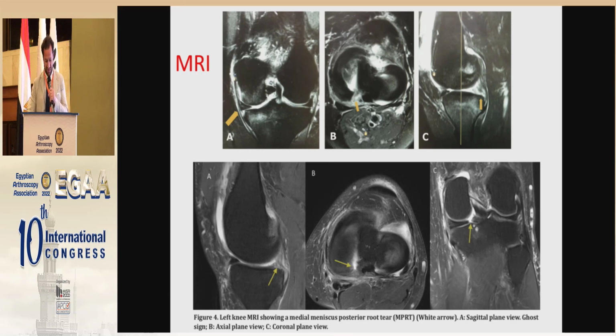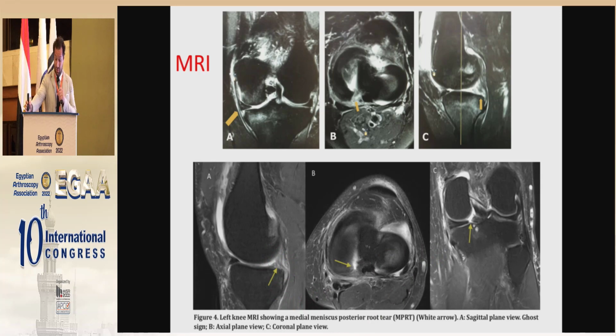Radial linear defect in the axial plane. The vertical linear defect, also truncation sign, in the coronal plane. And the last one, the so-called ghost meniscus, which is famous in the sagittal plane.